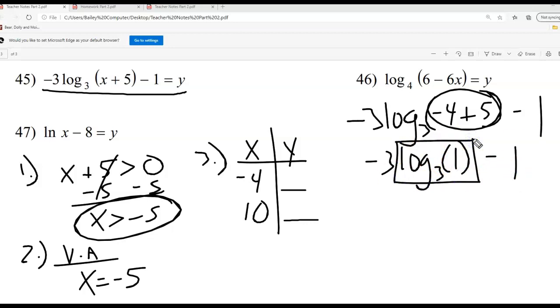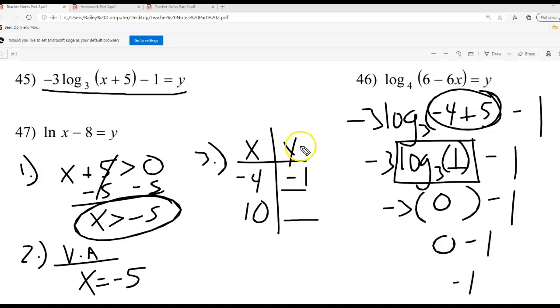Our log properties can answer that one for us. Now that's not usually going to happen. Usually we end up with something that we're going to have to use our calculators for. But in this case, we actually end up with something here that we have a log property for. Anytime the argument is 1, the answer is 0. So log base 3 of 1 equals 0. And so -3 times 0 is 0. Take away 1 is -1. So that one's pretty straightforward. It's -1.